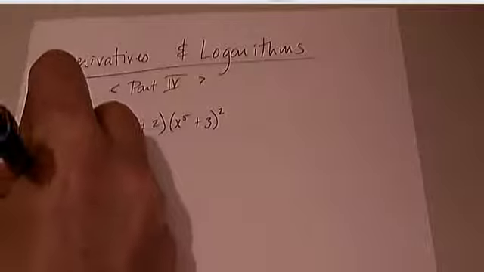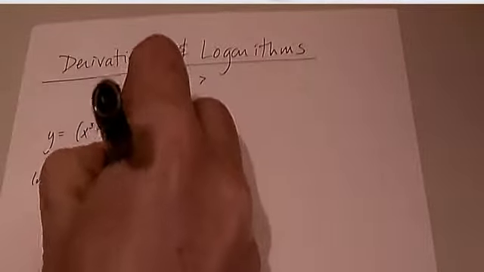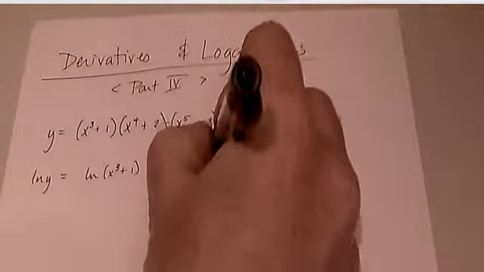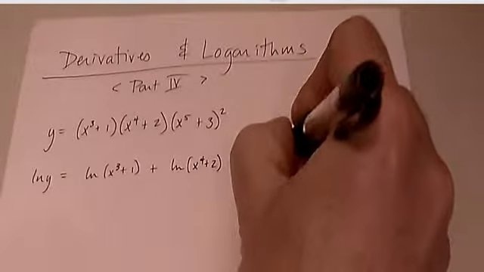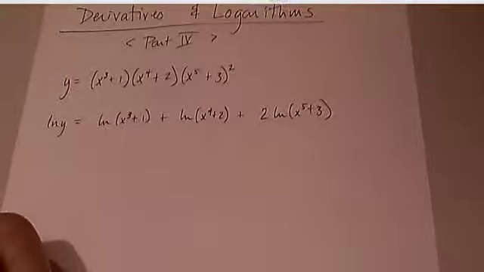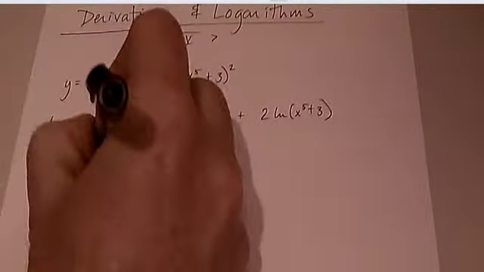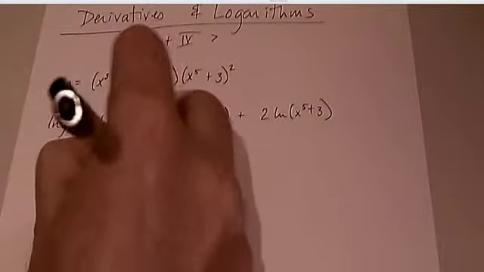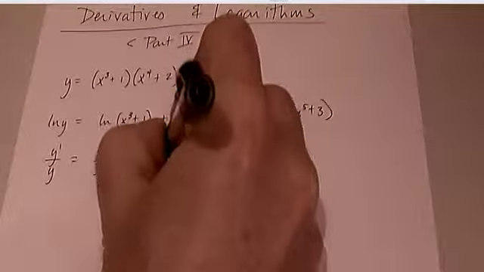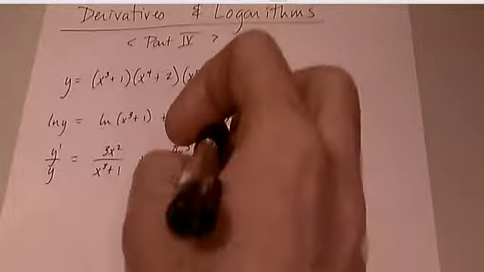But it is probably a little bit easier to apply the logarithm from without and pull it apart into its pieces like so, and then differentiating each of these independently winds up being a rather straightforward affair. We get 3x squared over x cubed plus 1, plus 4x cubed over x to the 4th plus 2, and then make sure that you don't forget the 2 right here.